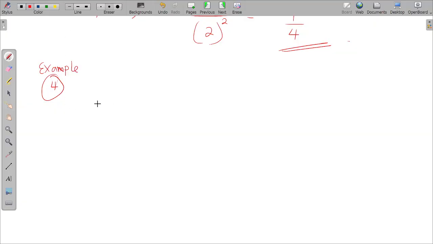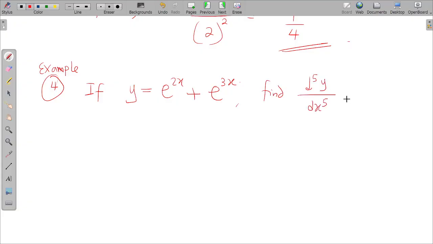In example 4, we are given if y equals e raised to power 2x plus e raised to power 3x, find the fifth derivative d⁵y over dx⁵ at x equals 0.